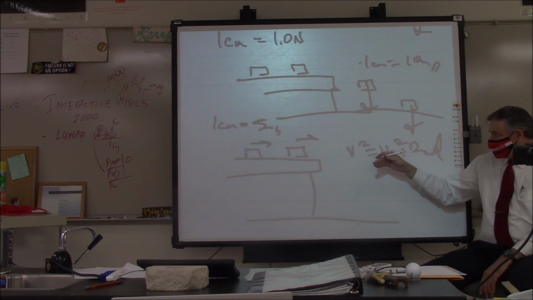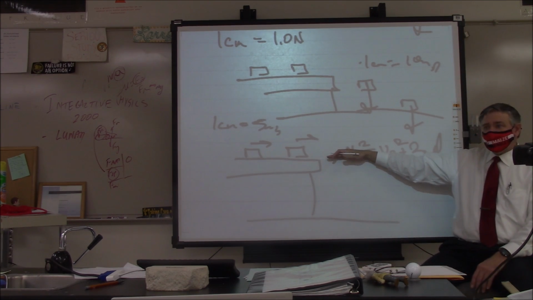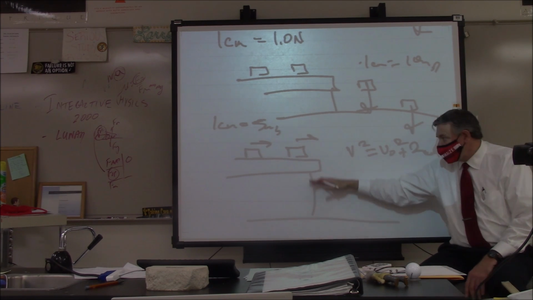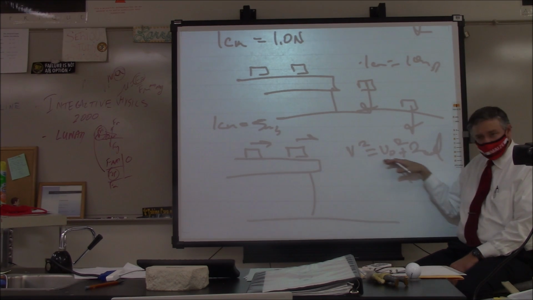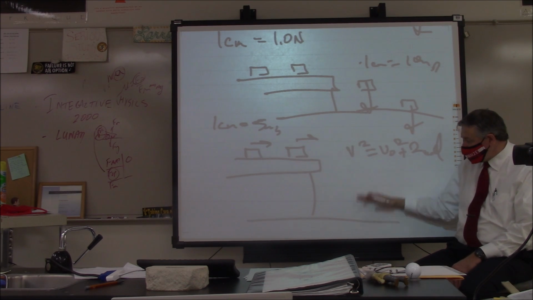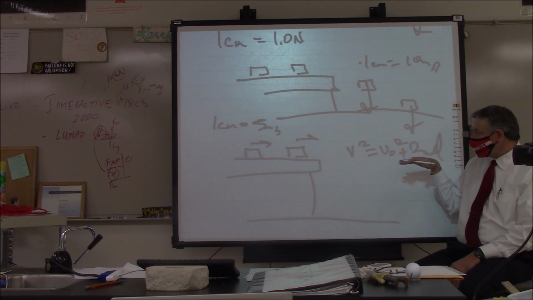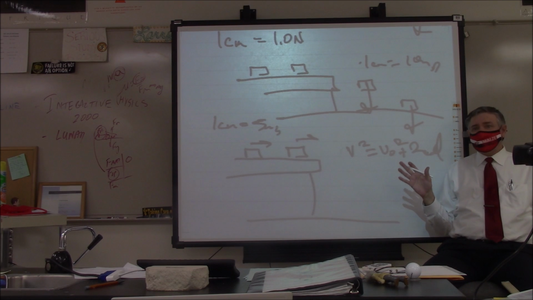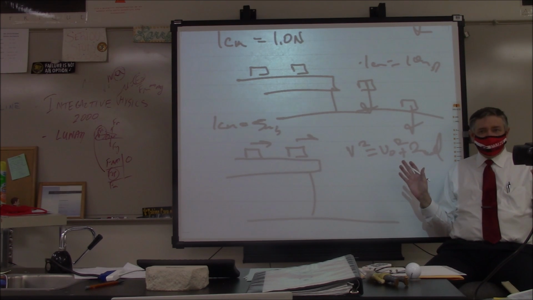Mathematically, we're going to treat this thing as if we just drop it. So on a problem like this, if it comes out horizontal, or if you just drop it, mathematically, gravity doesn't care. It's the exact same calculation.